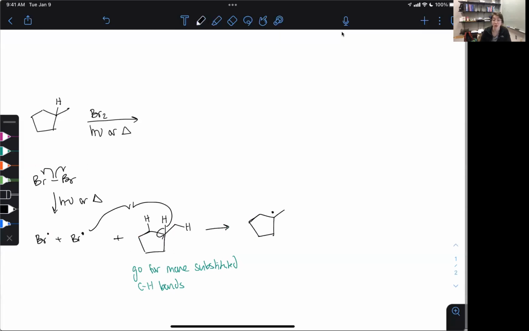So we can get to that tertiary radical. This is the more stable radical, and that's the one that we want to be forming, okay? So that's our carbon radical intermediate.